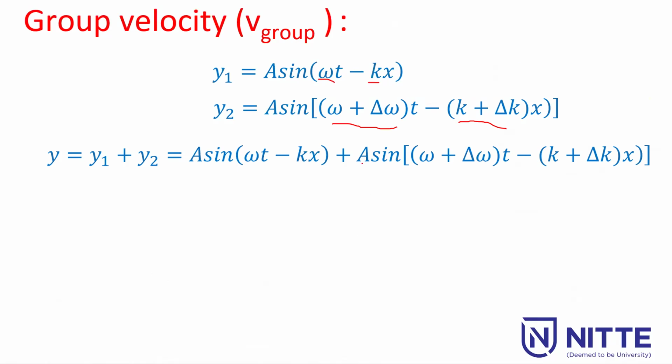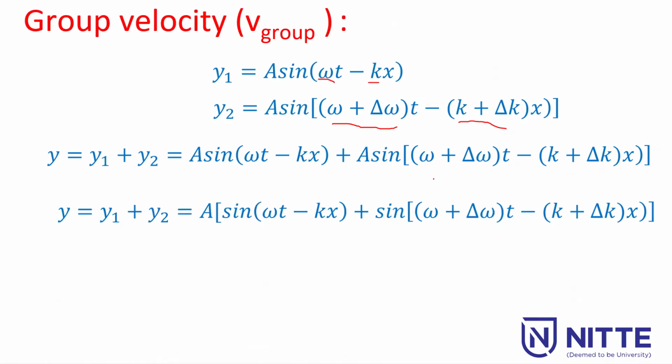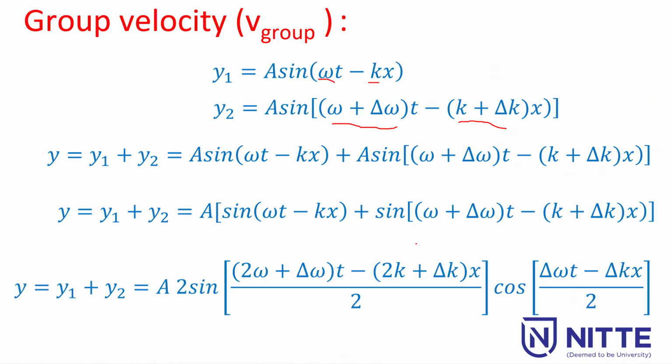If you take a common, you will get sin C plus sin D, which equals 2 sin((C plus D)/2) into cos((C minus D)/2). By applying this, we can get the result. When compared with 2 omega, delta omega is very, very small, so we can neglect it. Compared with 2k, delta k is very small, so we can neglect it. But where we have only delta omega and delta k, we can't neglect them.